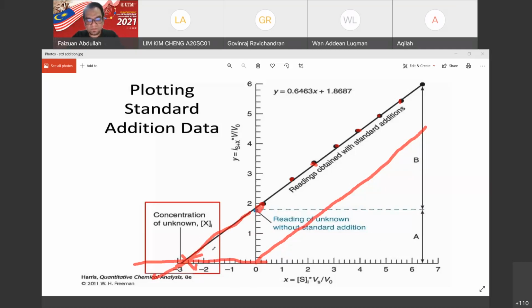From the extrapolation on the negative side, take the positive amount, only the amount. For example, if it is negative 3, it means that in X, the amount of sample, for example 20 ml of sample, it is 0.3 ppm.